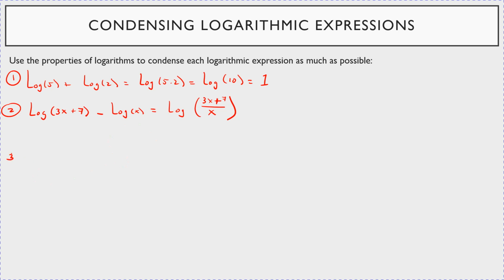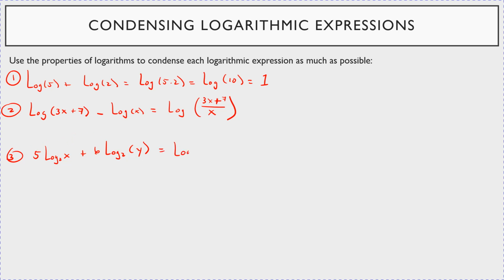All right, let's try this one. Let's look at 5 times log base 2 of x plus 6 times log base 2 of y. All right, so what you're going to do here, you're going to bring up using the power rule.